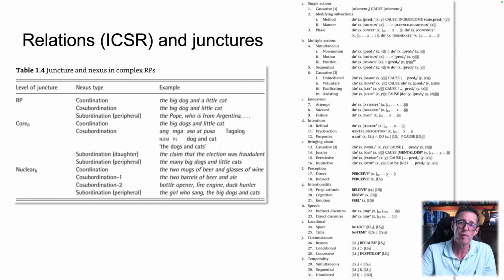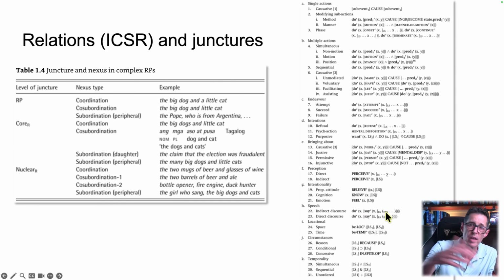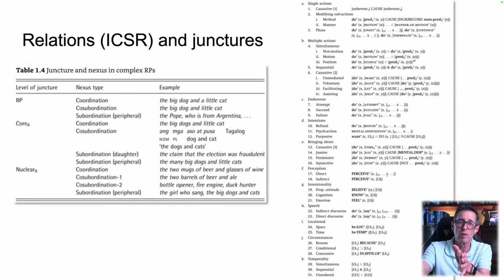So it's a very terse combination. These in particular are usually talking about two different sentences that you combine in a particular way, like let's see, speech. I said that you're a moron. If I said that you're a moron, I've got you're a moron is part of the thing that I say, and that's being done indirectly.